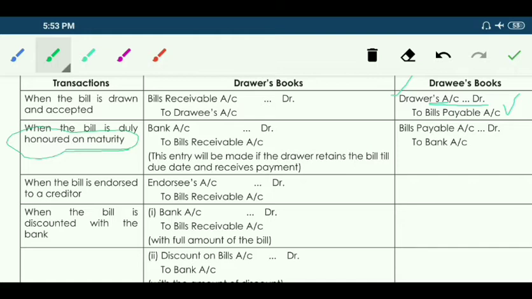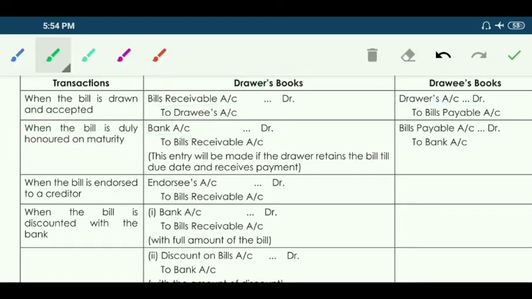At that time the entry is bank account debtor to bills receivable account, because we already debited the bills receivable account. To cancel the bills receivable account, we credit it. Now we receive the cash or bank, that's why we debit the bank account and credit the bills receivable account.